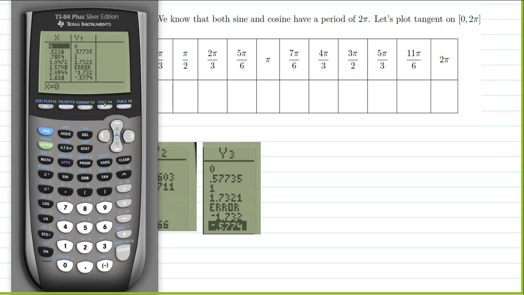So we'll notice we do get the same values that we were getting here. And if we scroll down a little bit more, we see we got our first negative value in our table. So we can keep adding some more values. So let's go with 2 pi over 3, 5 pi over 6, and pi.